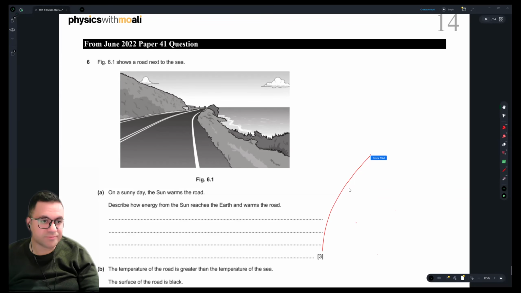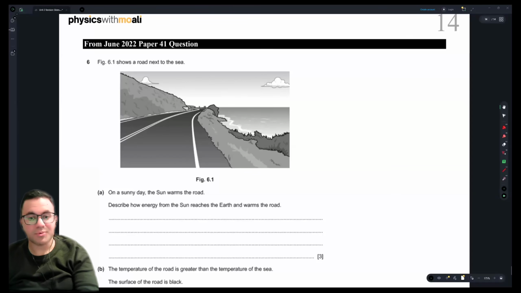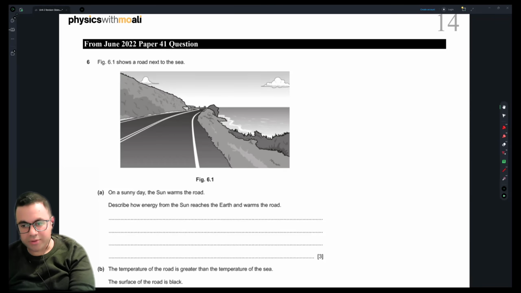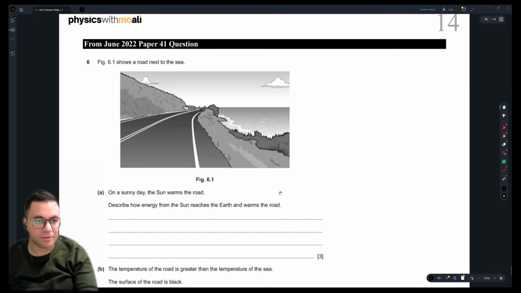Infrared radiation from the sun is absorbed by the molecules of the road. You mentioning infrared radiation is very important.